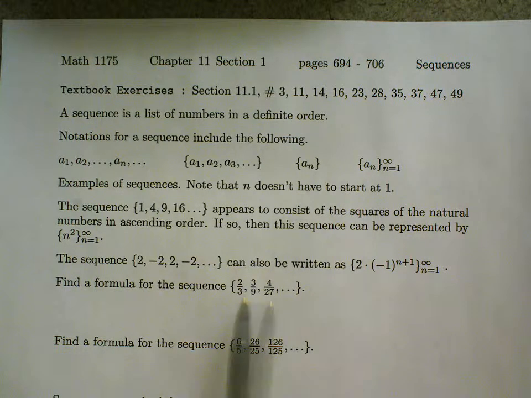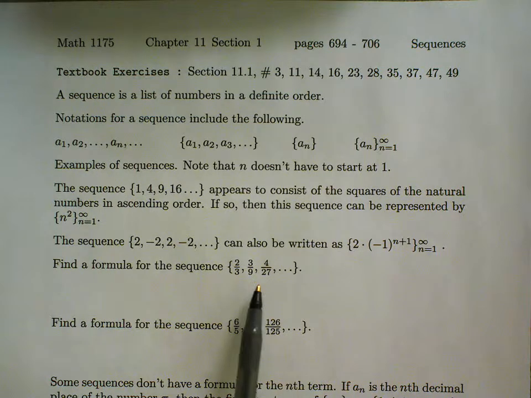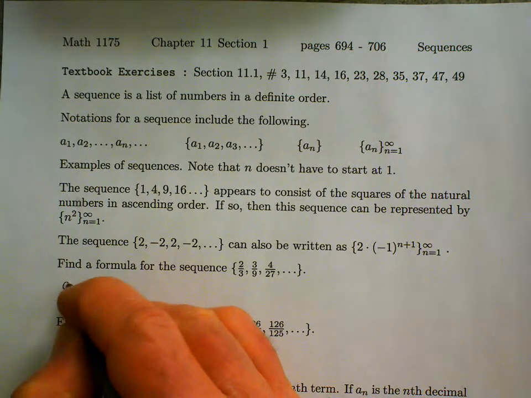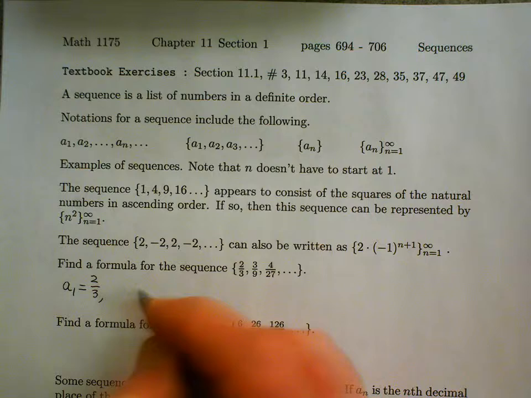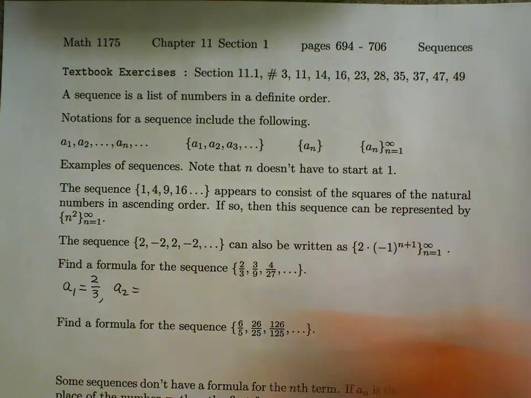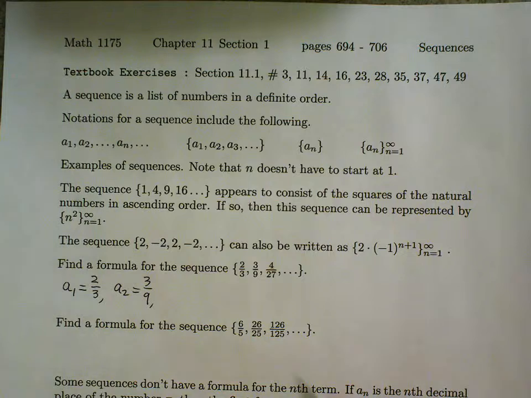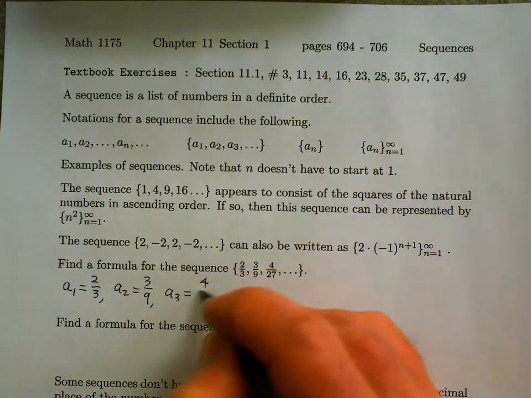So here's the sequence. See if you can find a formula for the nth term of this sequence. We'll say that a sub 1 is 2/3. A sub 2 is 3/9. A sub 3 is 4/27.